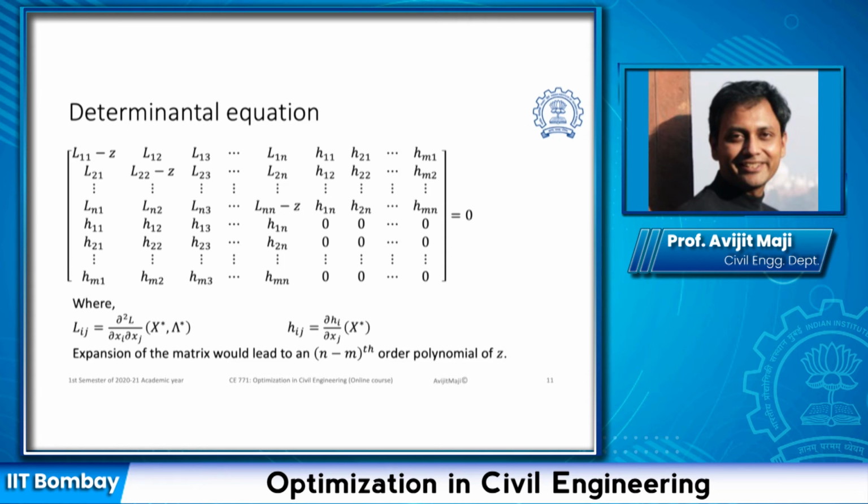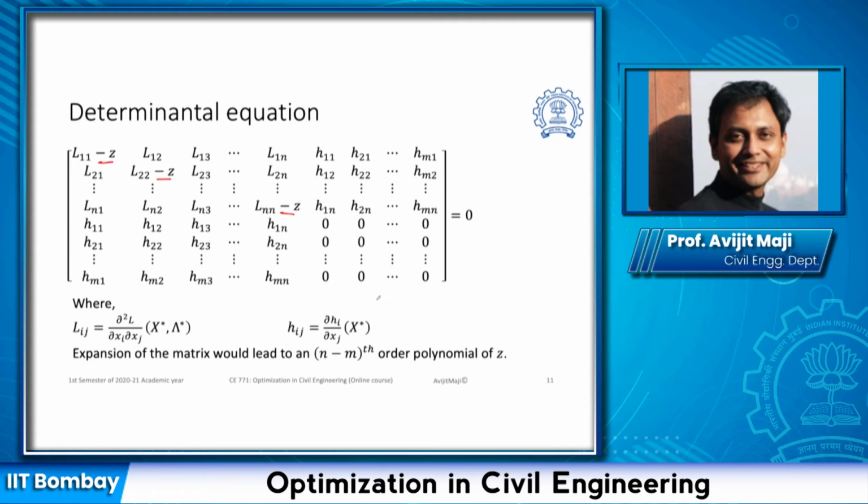This Lagrangian equation is going to be a matrix of order m plus n, and in this matrix, if we look at the determinantal equation, we need to see the z values which are in the diagonal components, and if we solve, we can get the roots of z.